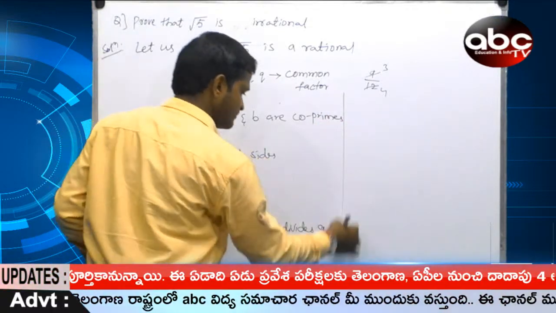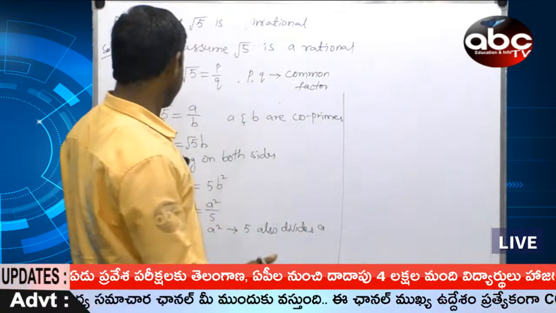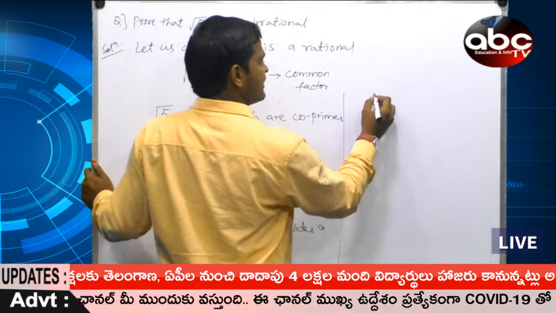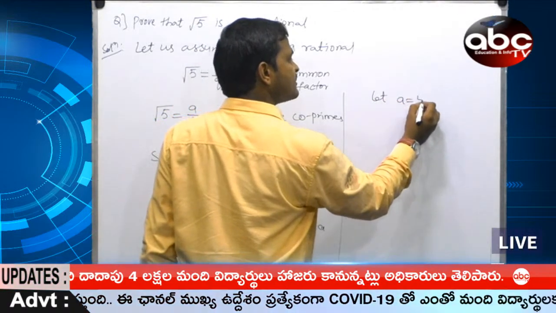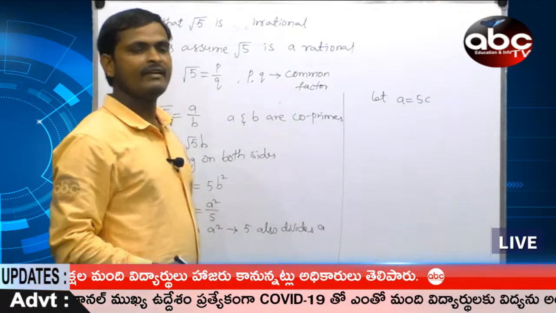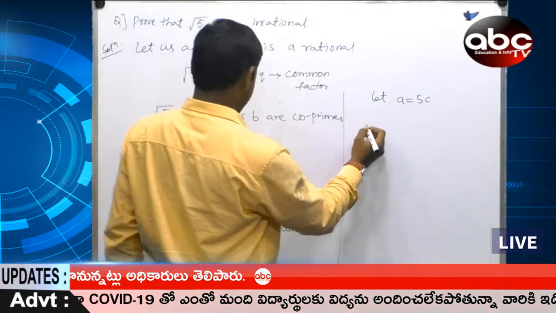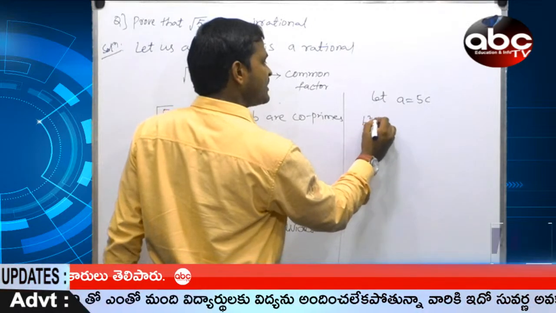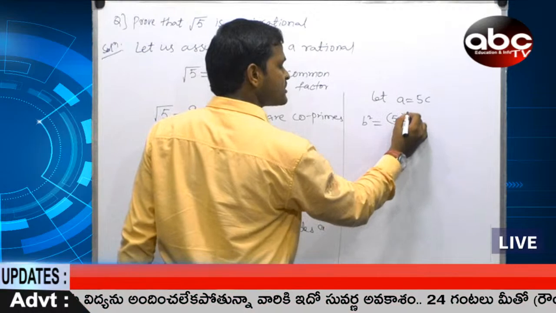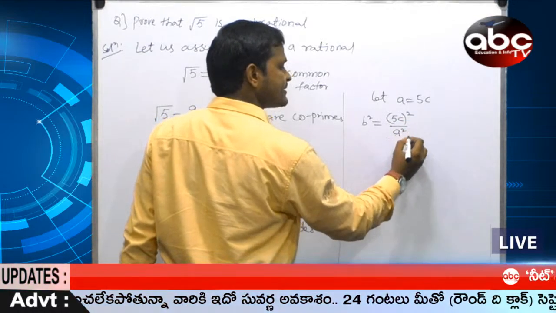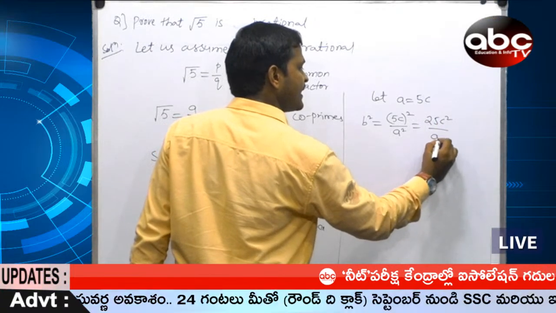Similarly, see students, in place of a you can write a is equal to 5c, where c is some integer. Then b square is equal to a square, which is 5c whole square divided by 5. 5c square is 25c square divided by 5.